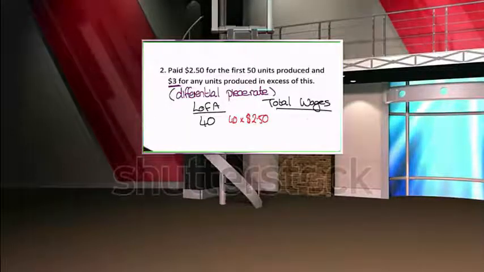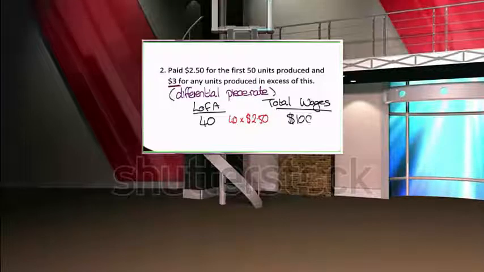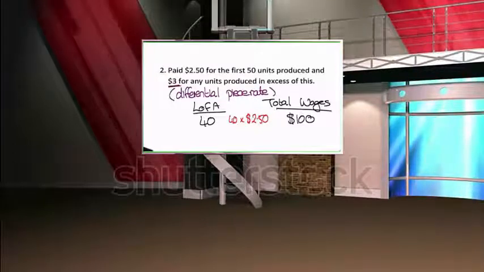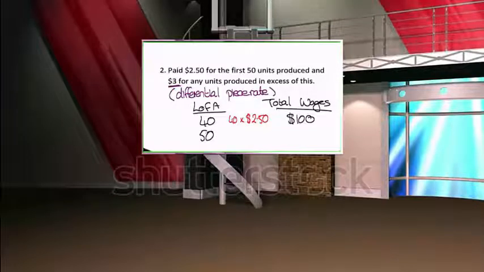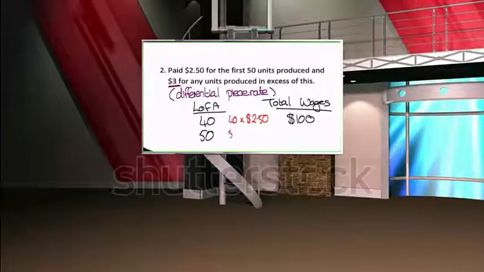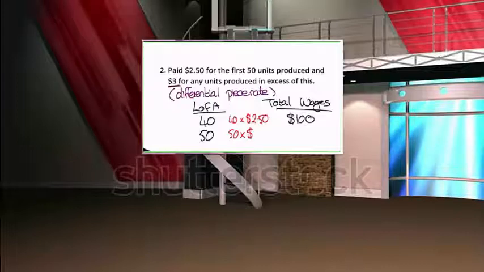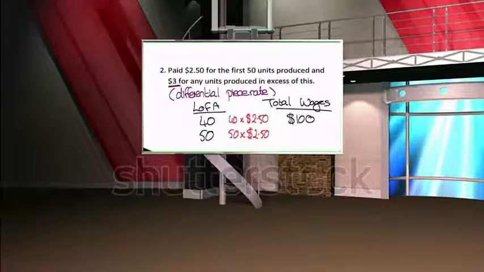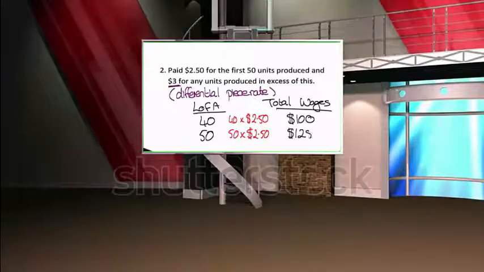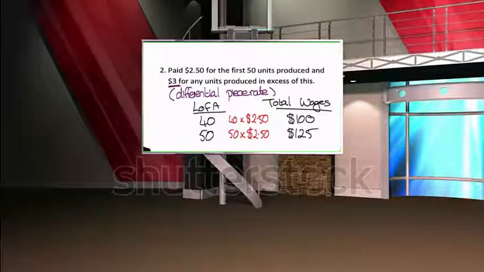So their total wages then will be 100. If their production increases to 50 units, again, they'll just get $2.50 for each of those 50 units. So that'll give them a total of 125.